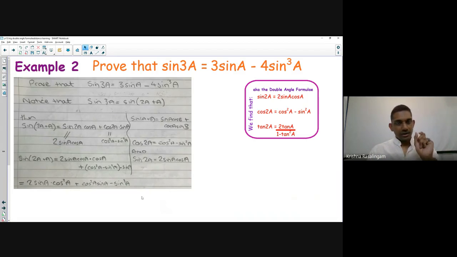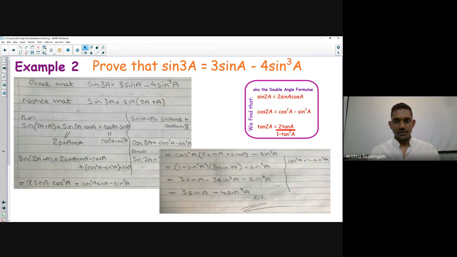We don't want a 2A and an A. So then, when I group my terms, I've got 2 sin A cos A times cos A plus bracket cos squared A minus sin squared A times sin A. Well, that simplifies to this bit here, which then I refactorise and regroup my factors, and you can see I end up with 3 sin A minus 4 sin cubed A. Gangster box, job done.